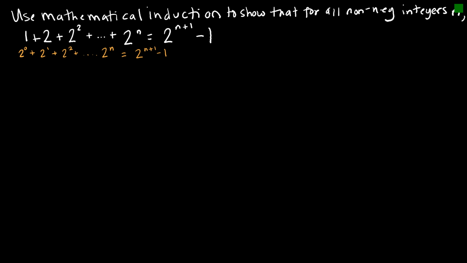We did talk about it last time, but I'm going to start by saying assume P of n is the proposition that 1 plus 2 plus 2 squared plus blah blah blah plus 2 to the n is equal to 2 to the n plus 1 minus 1.